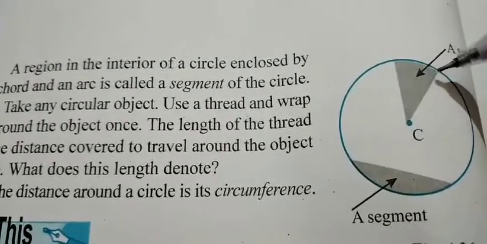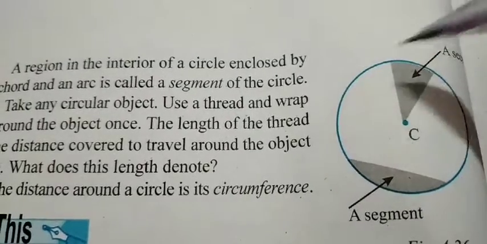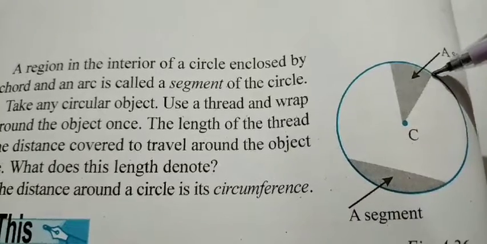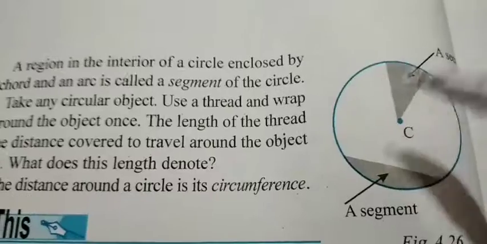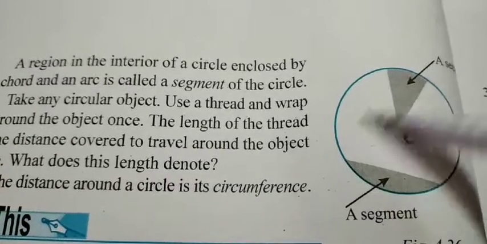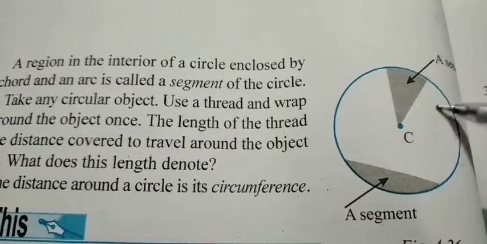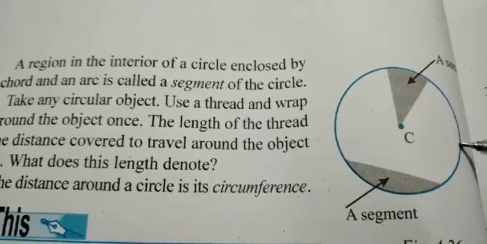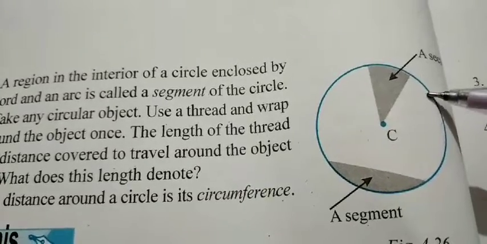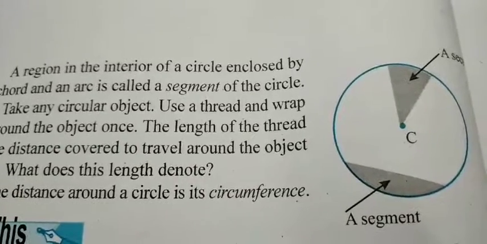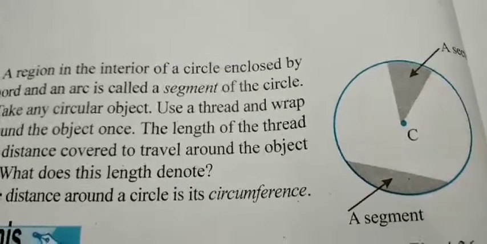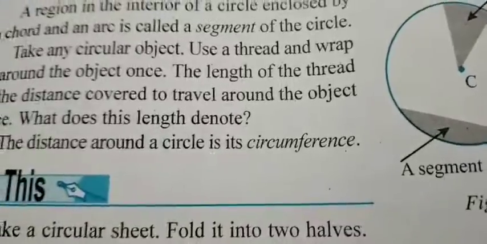So अगर हम यहाँ से शुरू करते हैं और वापस वहीं पे आके पहुँचते हैं तो उसको भी circumference कहते हैं. That's called the circumference of the circle. But if I take the whole region, the interior region of the circle including the boundary, then that's called the area of the circle.